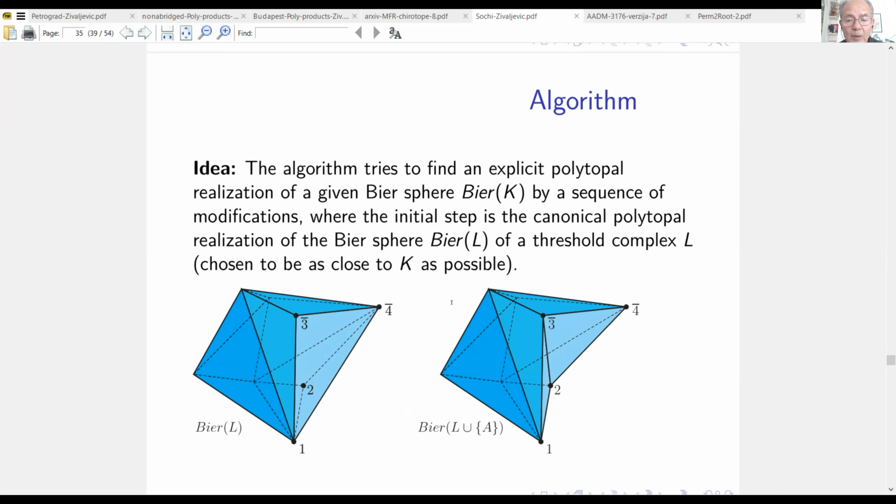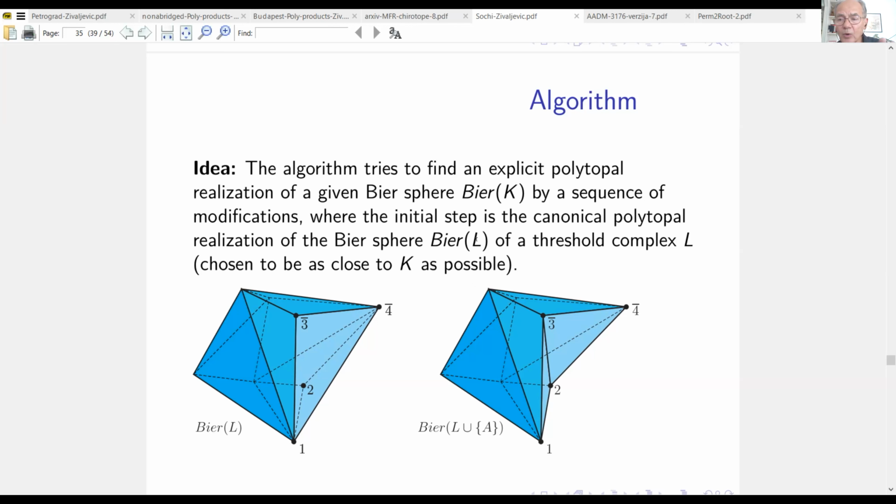So we take a simplicial complex K which is non-threshold, and approximate it as well as possible with a subcomplex which is a threshold complex. So we want to test Bier K, and we construct Bier L, where L is a threshold subcomplex of K.